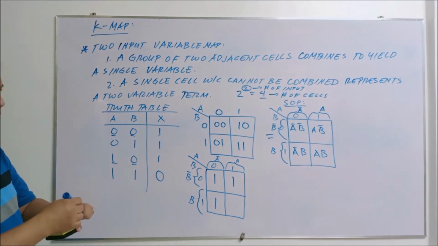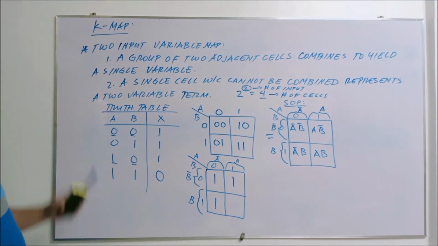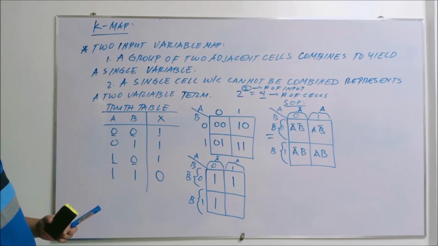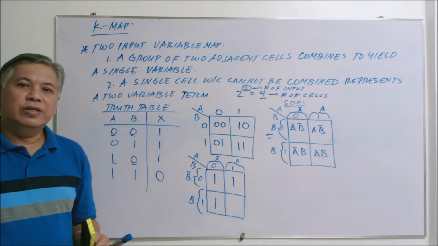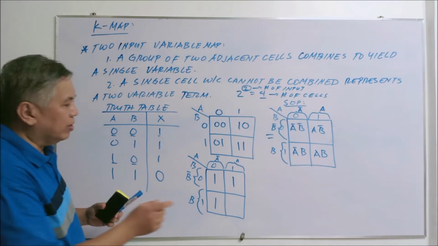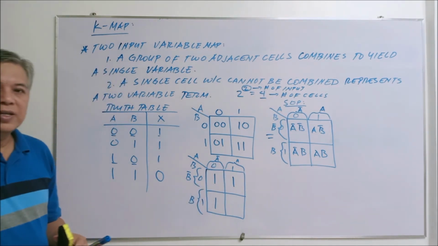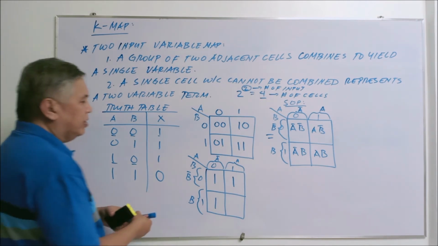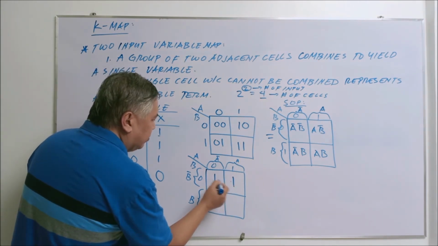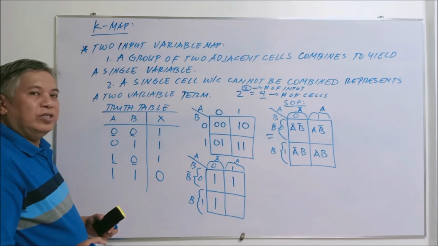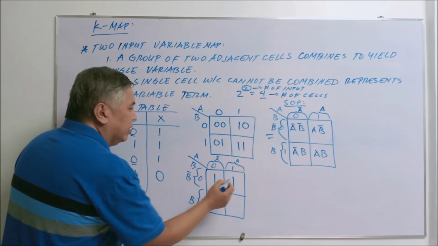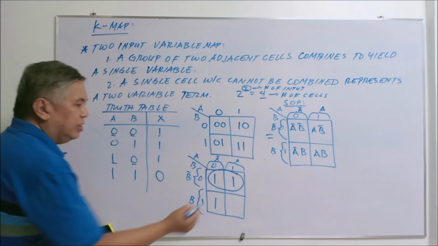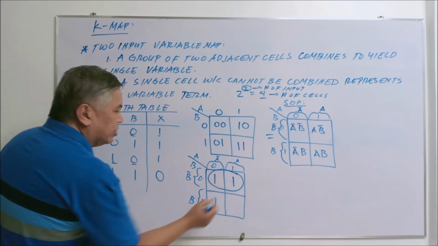Okay? Then according to our rule, a group of two adjacent cells combines to yield a single variable. So what particular cells here are adjacent? This one here and this one here are what we call adjacent sets. So we can combine them into one group. This cell here and this cell are not adjacent.